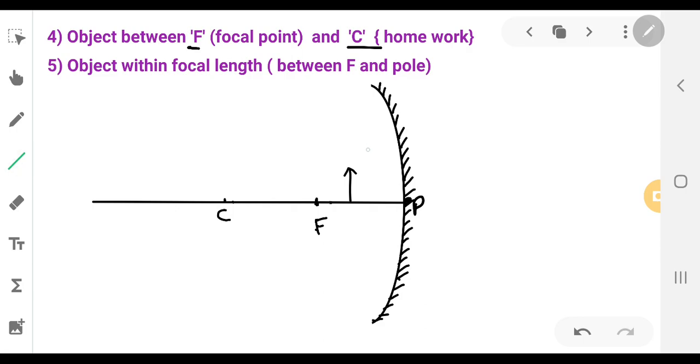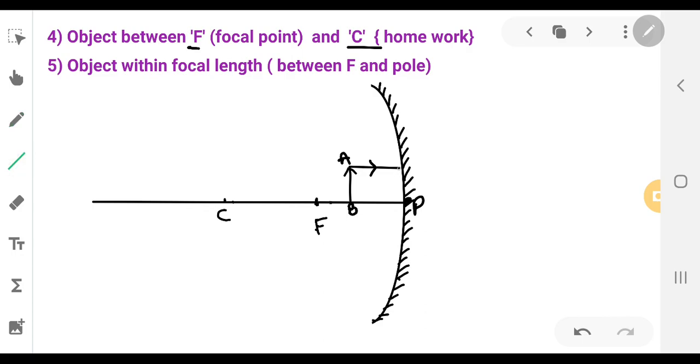So the first ray that we are considering is the ray parallel to the principal axis. This is the first ray incident on the mirror from the object. Let this be AB. AB is our object.